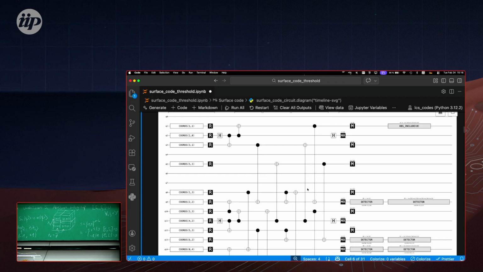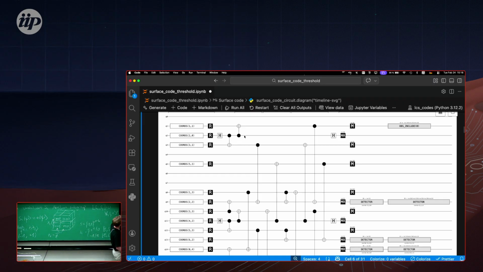And then it does a controlled X to this qubit, then a controlled X to this qubit, and then it reads it out. Let's look at this one up here, which is easier.